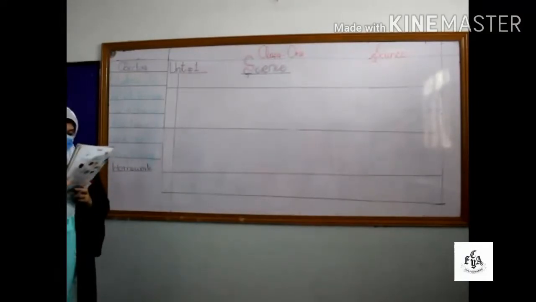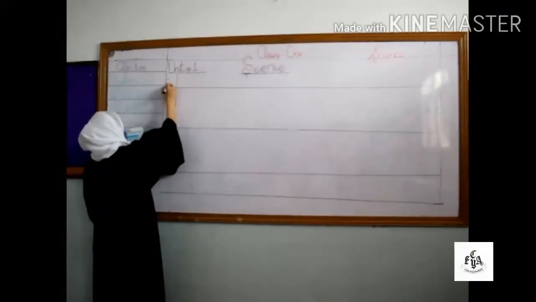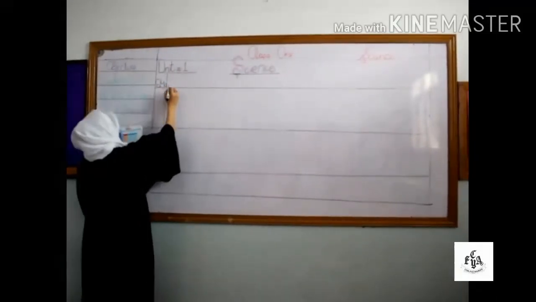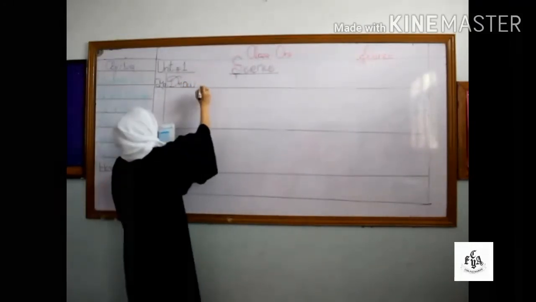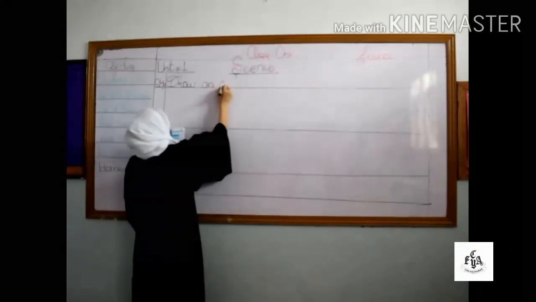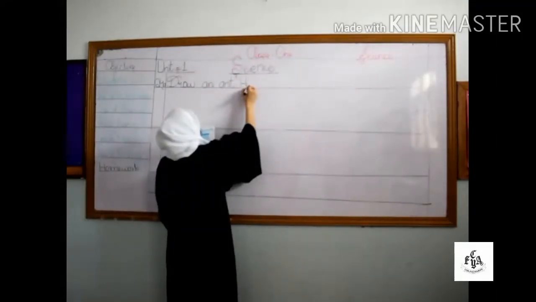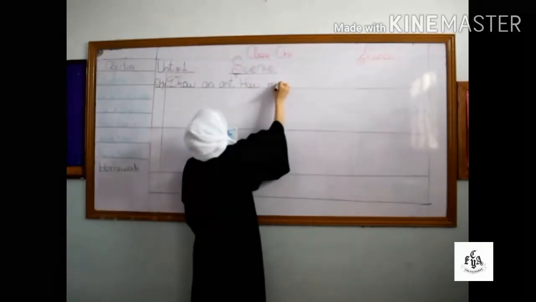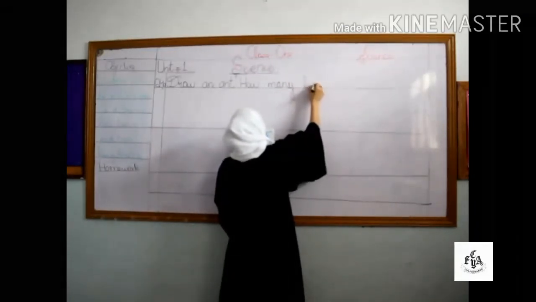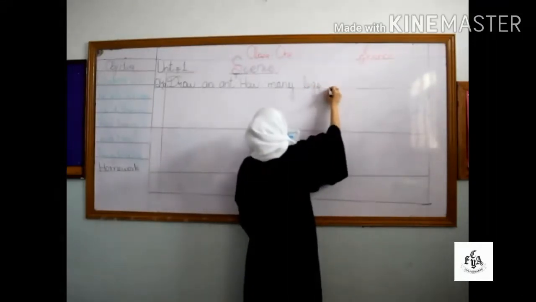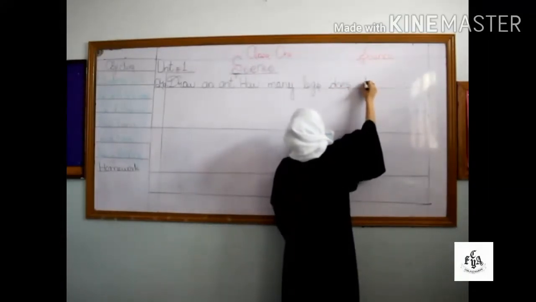Question number 4. It has 2 parts. Part A. Draw an ant. How many legs does it have?